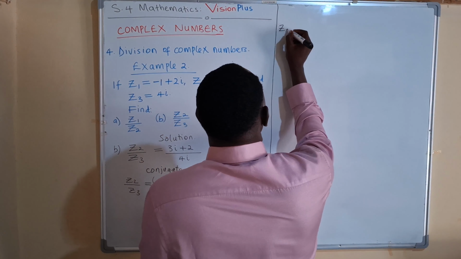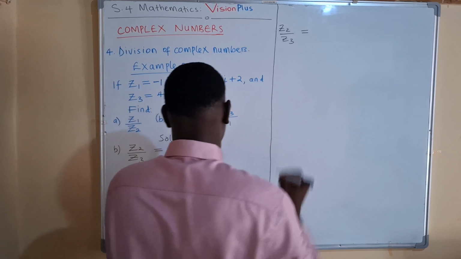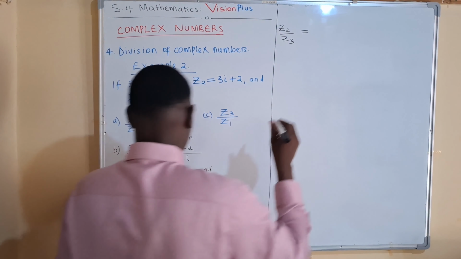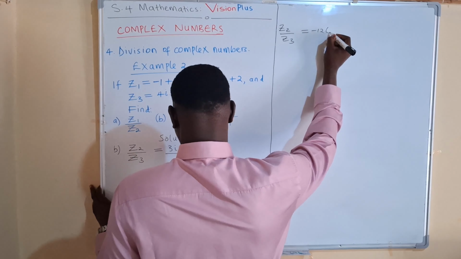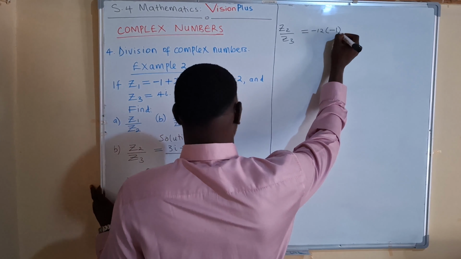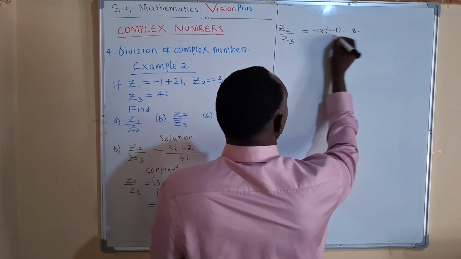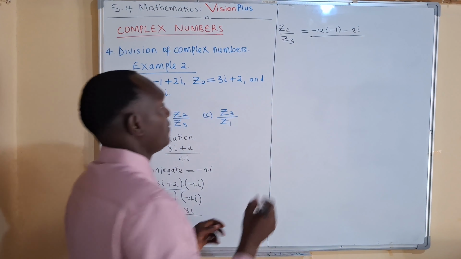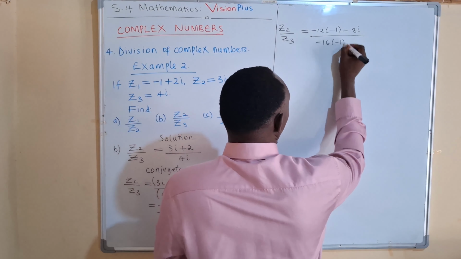After that, we need to just simplify further since we have multiplied by the conjugate of the denominator. So going on, you shall have Z2 out of Z3 equals, what do we do here? We substitute for i squared. You know i squared is negative 1. So here we shall have negative 12 times i squared, which is negative 1, and then minus 8i over negative 16. We substitute for i squared as negative 1, so we shall have negative 16 into negative 1. Why?